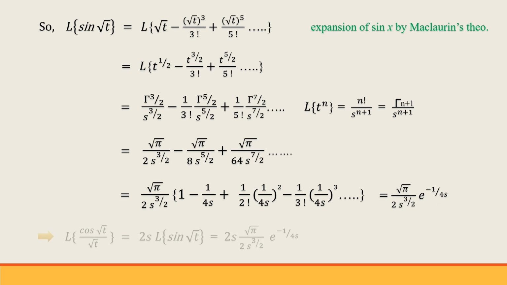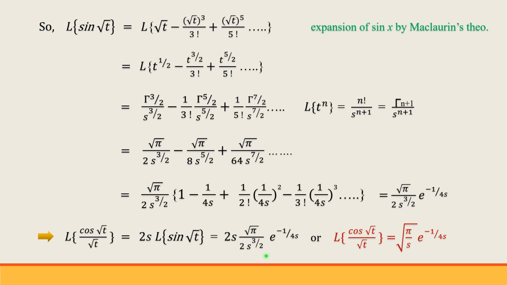So, the Laplace transform of cos root t by root t is 2s into Laplace transform of sine root t, or Laplace transform of cos root t by root t is equal to under root pi by s into e raised to the power minus 1 by 4s.